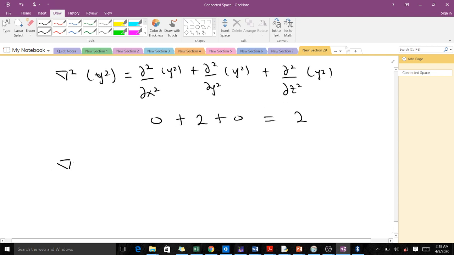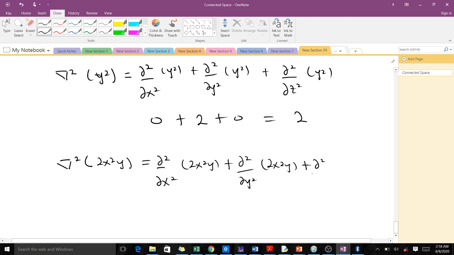Then when you go to the last one, we have 2x squared y. You realize that this will give us this, and we also have this, and this also gives us this.